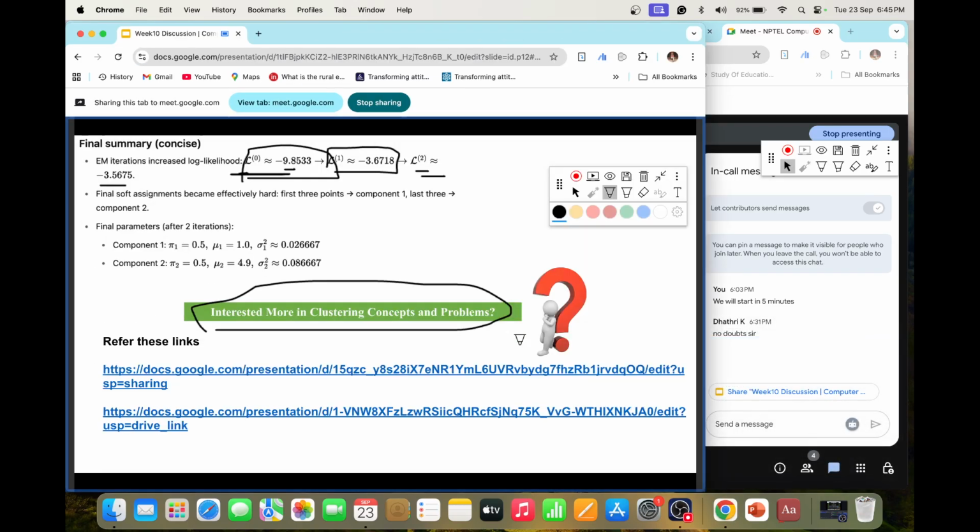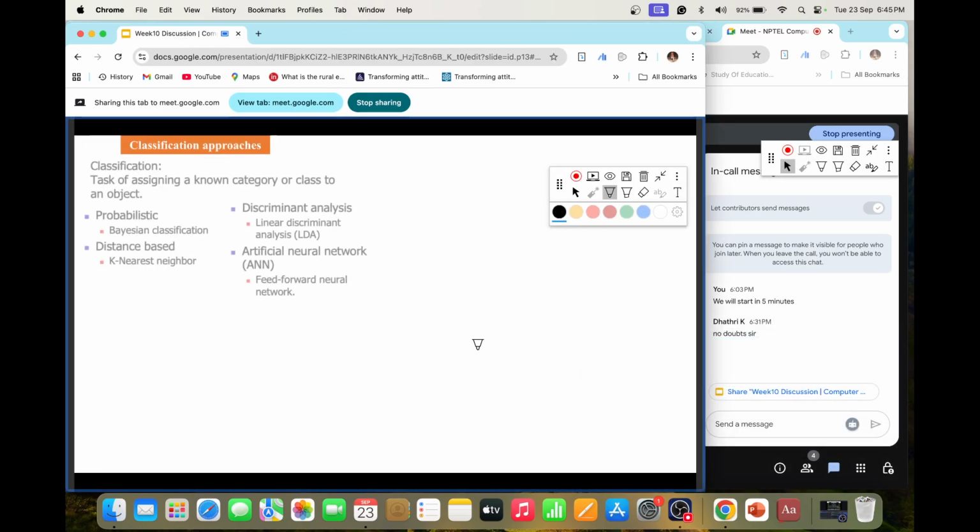Then we will move to the next thing known as classification. We already have discussed the definition: the task of assigning a known category or class to an object. Again there are different types of classification. First, the probabilistic mode of classification, where Bayesian classification is a type.